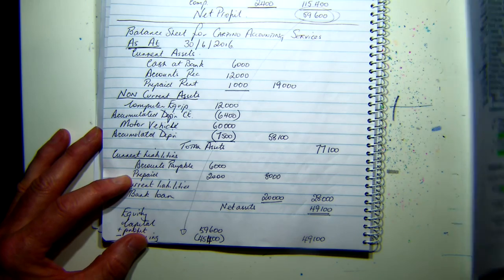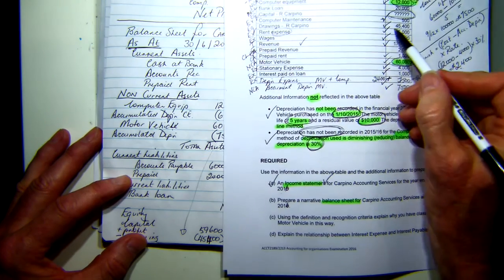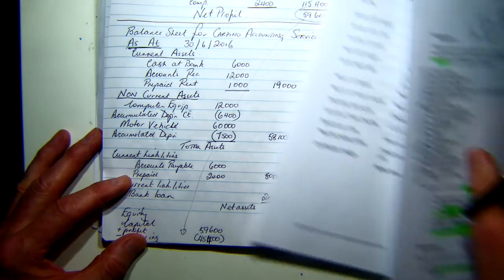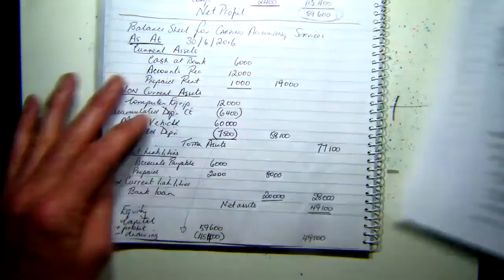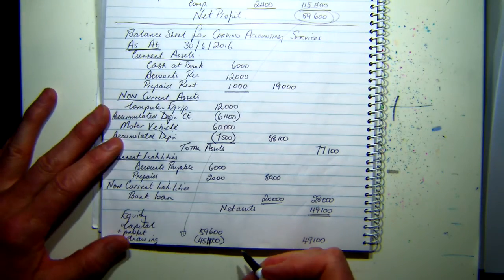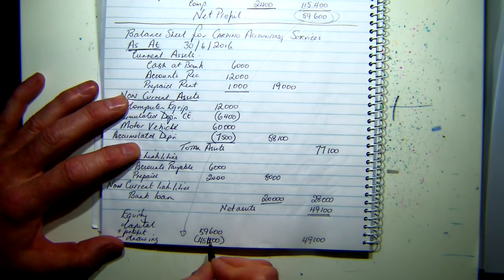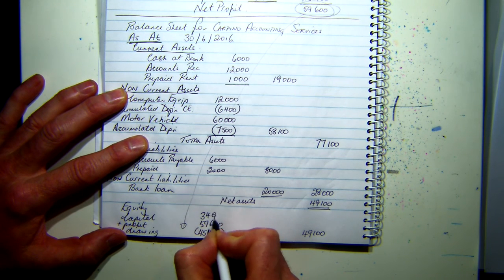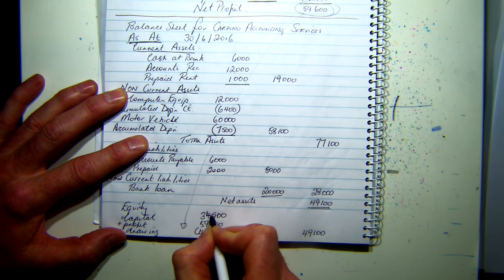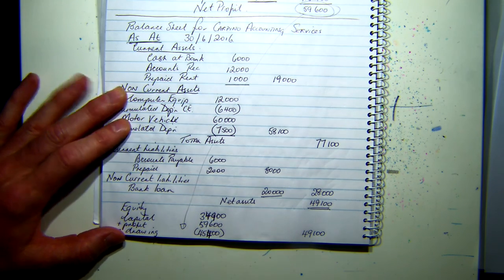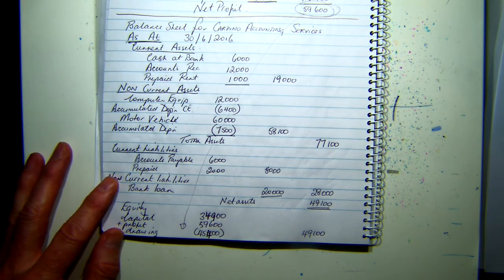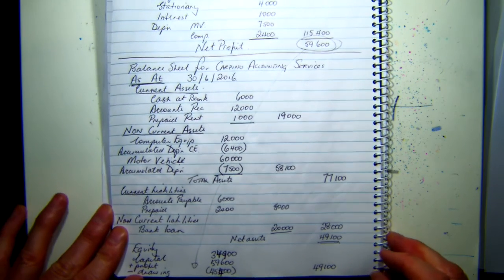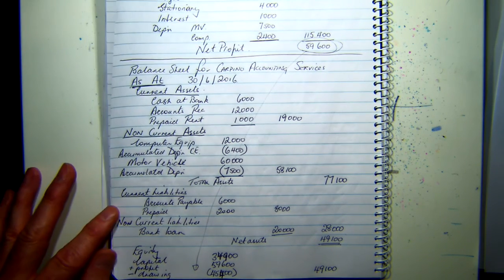How did I get that wrong? 49,400, you are correct. Good stuff. Just as well I've got you marking my exam paper or else I'd fail. Alright, so that means my capital figure must then be $34,900. And that's how I complete my balance sheet. Now I'm not going to have enough room on that page, but that's okay.